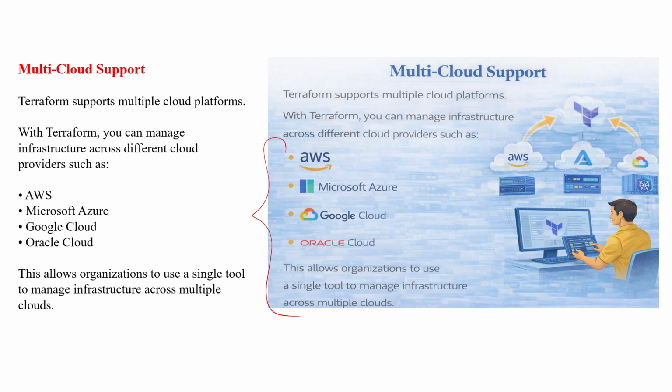So your organization has to use only a single tool. As I said, there are multiple tools in the market which support only specific cloud service providers. If your organization uses services from multiple cloud service providers, you don't need different tools. You go with the Terraform tool, and with its help you can manage all the resources in the multiple cloud service providers.